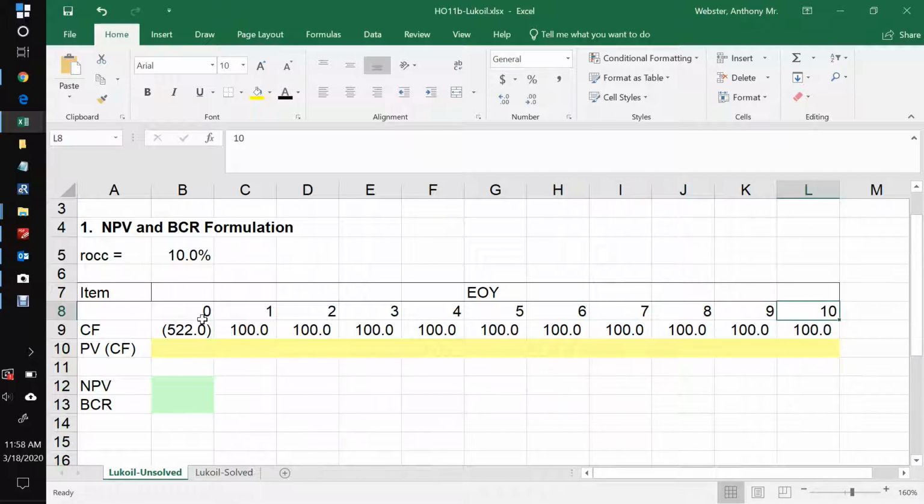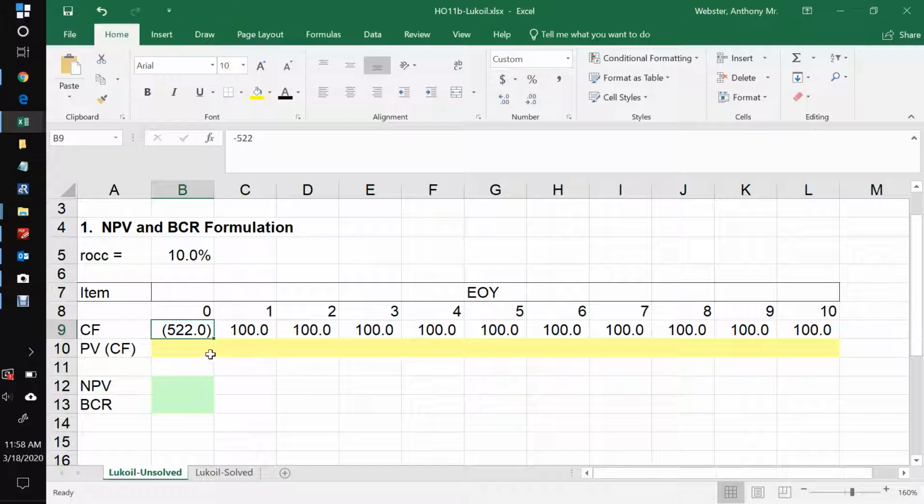So these are the cash flows to and from Lukoil, and this is the time of this cash flow, the time of this cash flow, et cetera. To get the NPV, conceptually, we know it's really straightforward. Each cash flow, just discount it back to t equal 0.